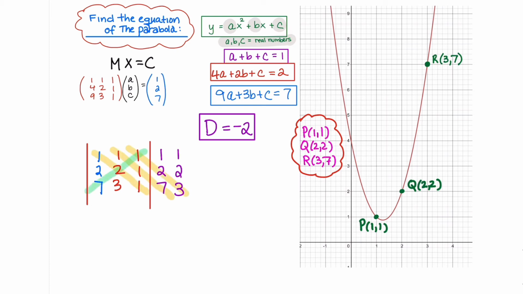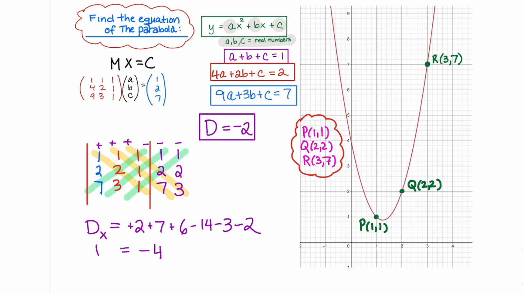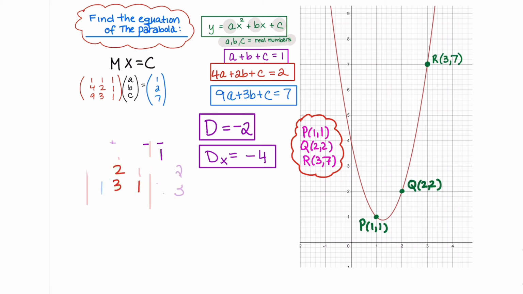So like I did before, copy the first 2 columns on the right-hand side of the matrix and do my little diagonal dance of multiplying the numbers along the diagonals from left to right. The ones from right to left get the negative signs, and we add up all those numbers, and we get a new determinant. Here, d sub x is -4.